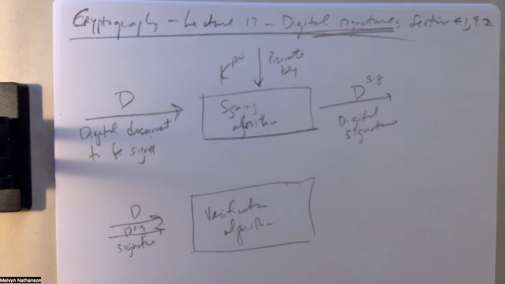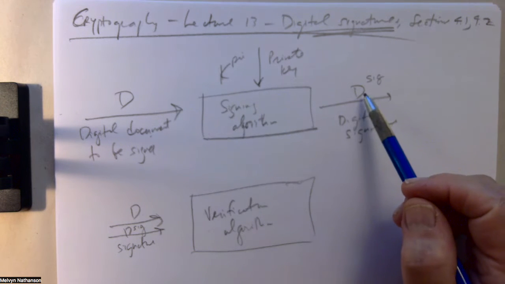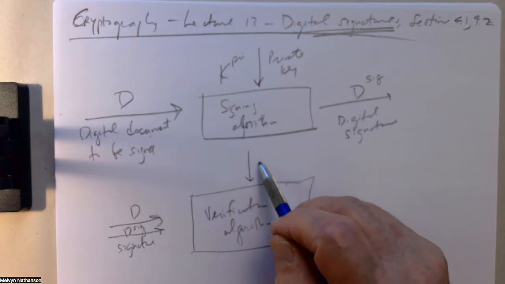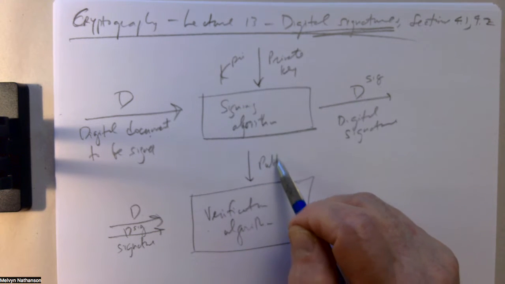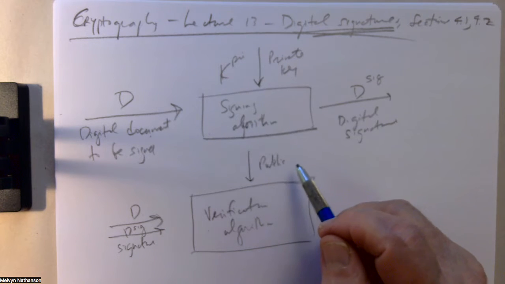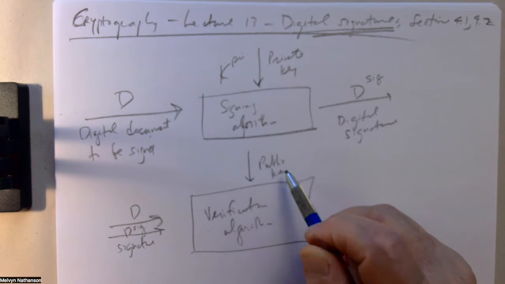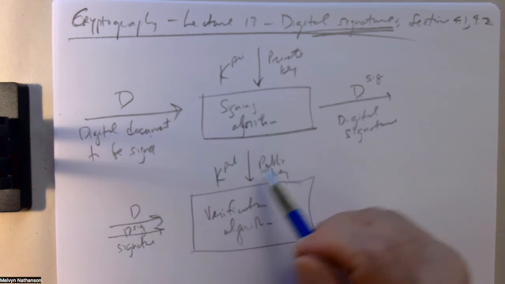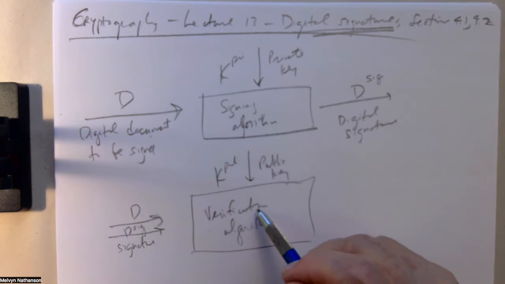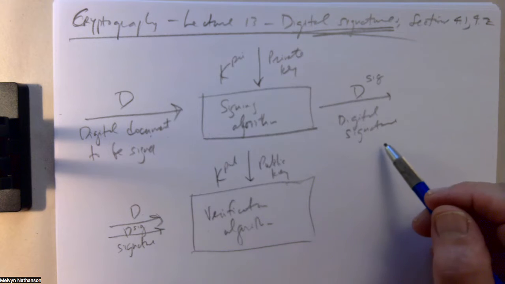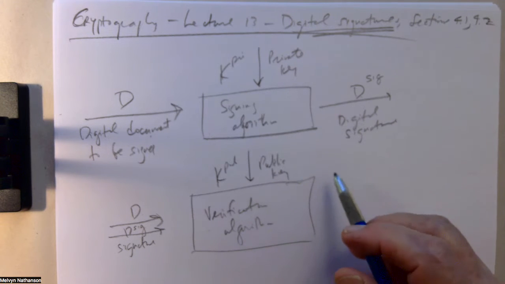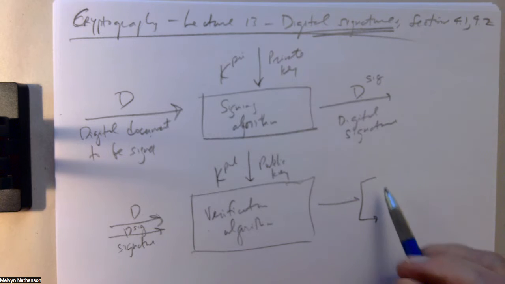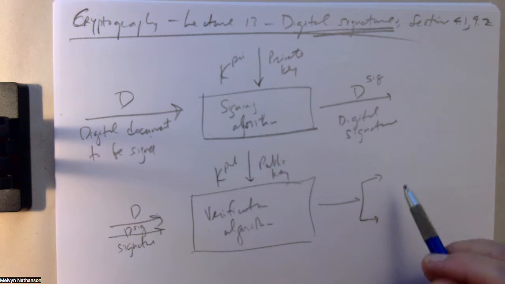Anyone who receives this digital signature can check whether it really came from the person it's supposed to have come from. So there's some public key, K public, which anyone can use. You take the digital signature, you apply this public key, and what comes out is one of two possible results.